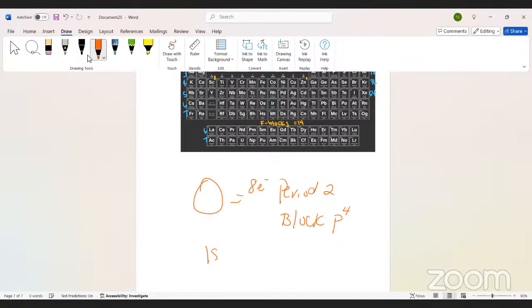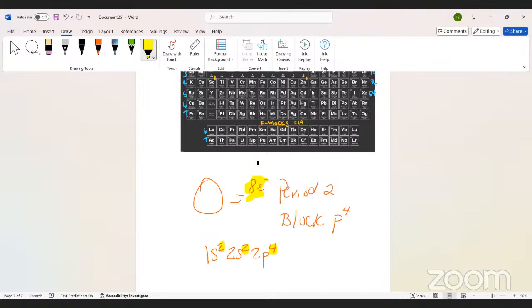You're going to write 1s2, 2s2, 2p4. You see this right here? 4 plus 2 plus 2 gives you 8 electrons. That's the number that you have to have for oxygen.